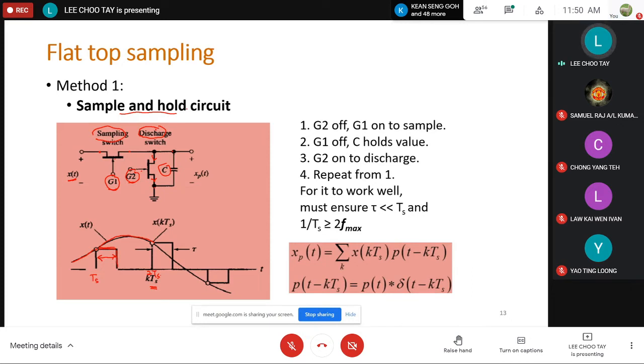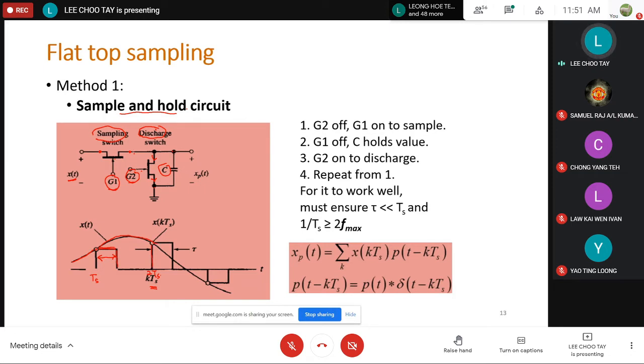We turn off G2 and then turn on G1 so that whatever voltage appears at the input of G1, x(t), is transferred to the output of G1, from drain to source. Again, this will charge up the capacitor quickly and form your second pulse.